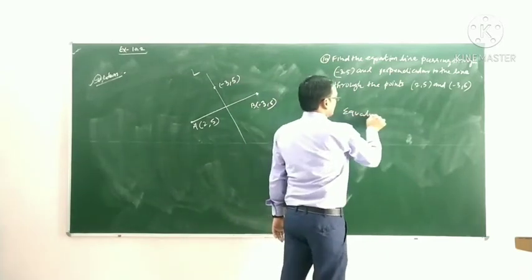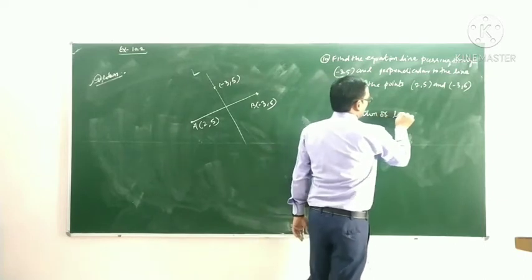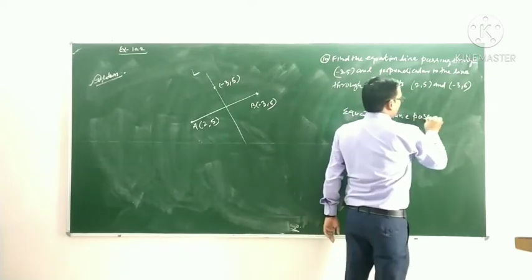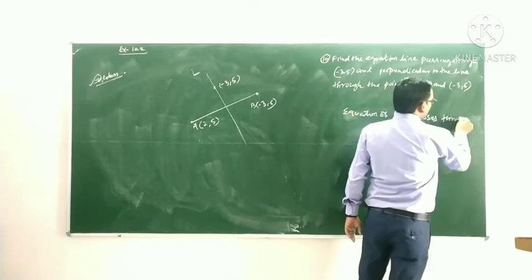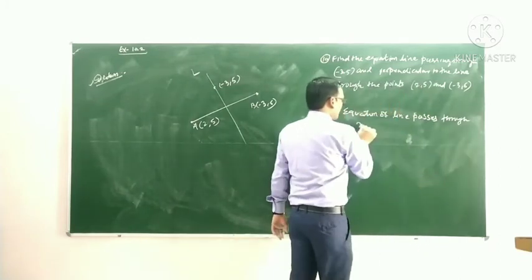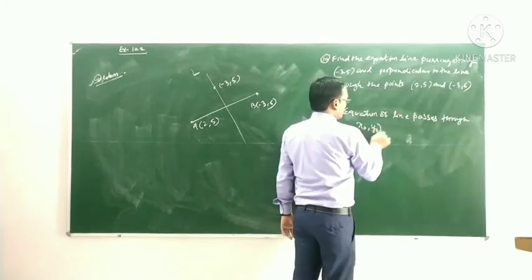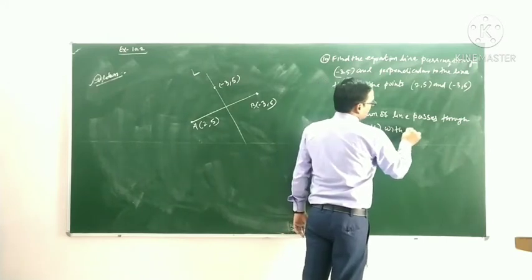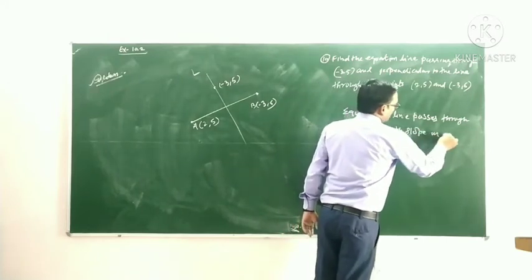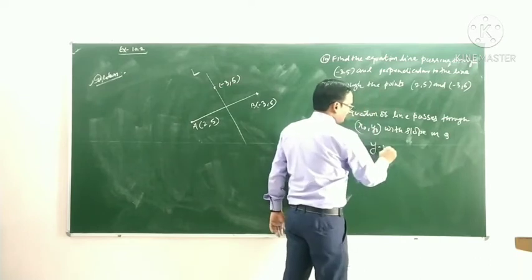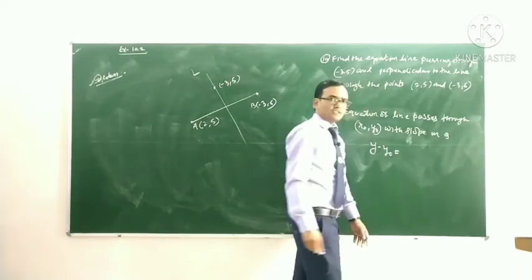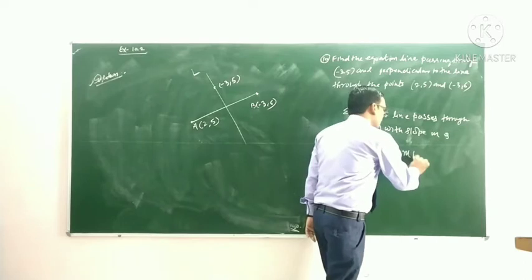Okay students, we know that the equation of a line passing through x0, y0 with slope m is y minus y0 is equal to m into x minus x0.